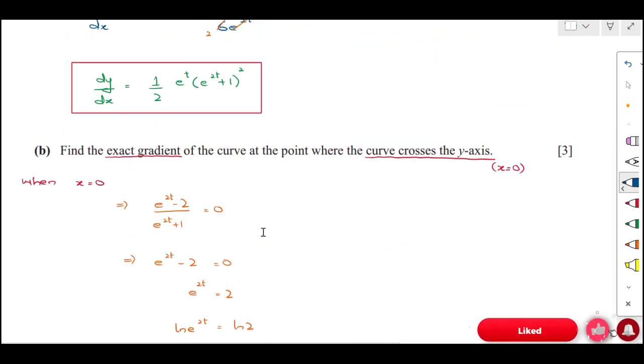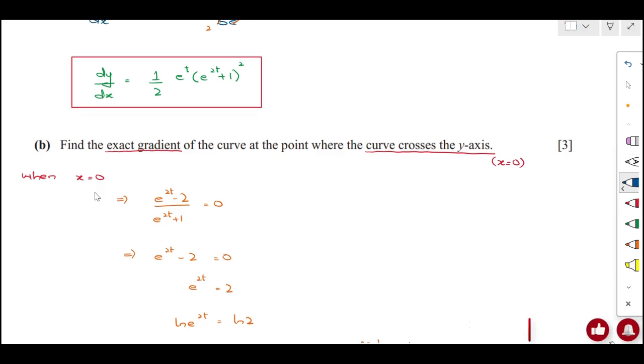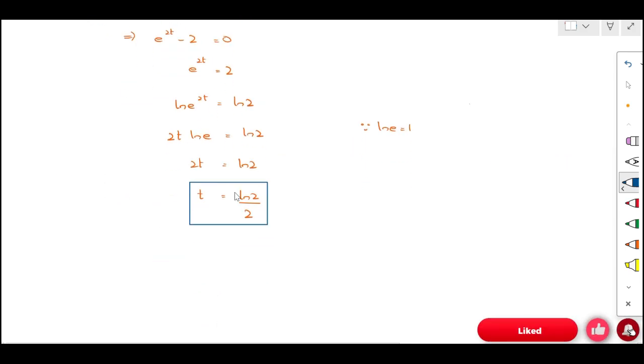Find the exact value of the gradient of the curve at the point where the curve crosses the y-axis. When the curve crosses the y-axis, the x component equals 0. When you put the x component equal to 0, you will get some t.